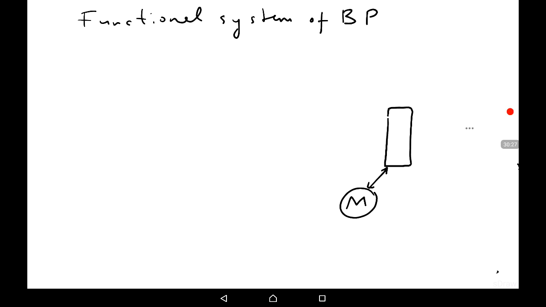So the optimal useful adaptive result is 120 to 80 millimeters of mercury. The goal of this functional system is the optimal value of blood pressure, 120 to 80.